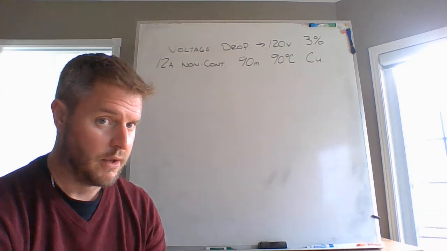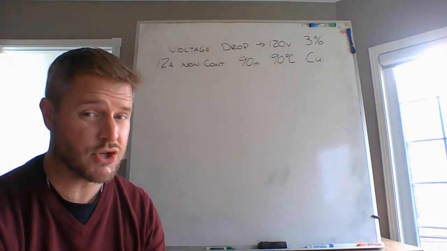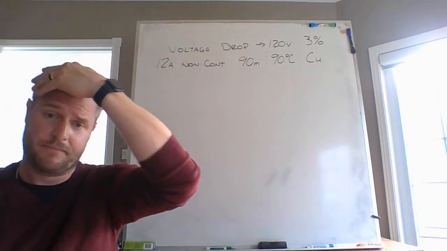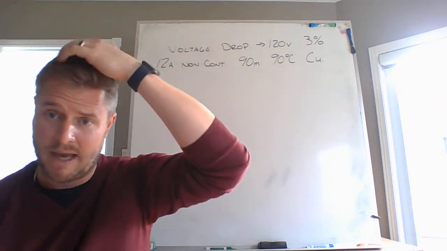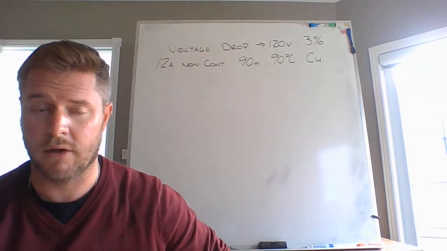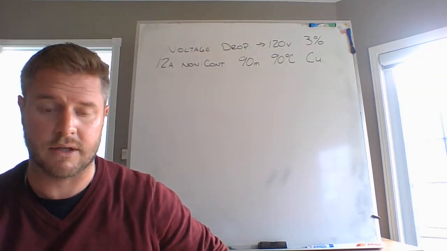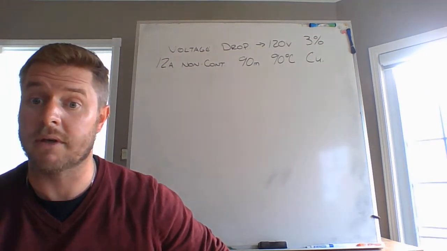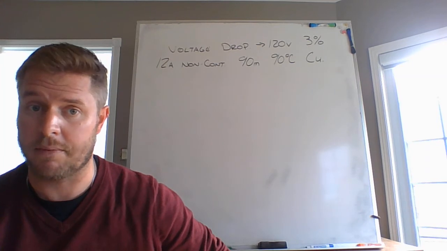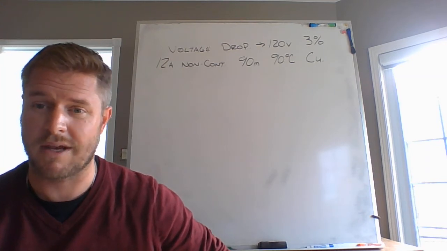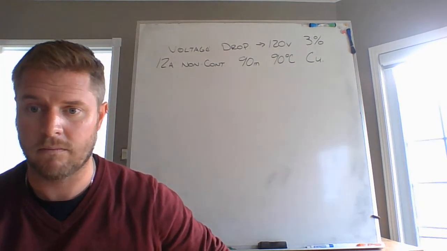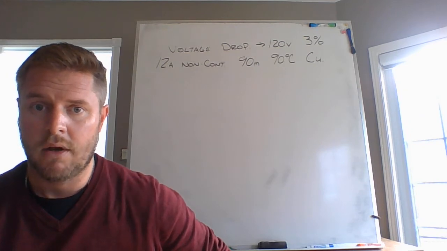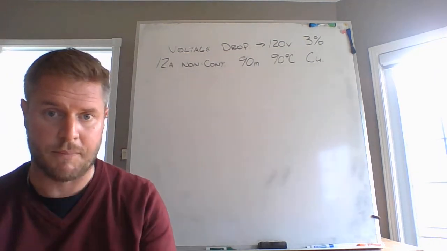This may change on an upcoming evaluation, whether you maybe have a maintenance person available to observe these circuits 24/7, 365. I'm giving you some information on your upcoming evaluation: 3% might change a little bit, maybe. Voltage drop, 120 volts, 3%.